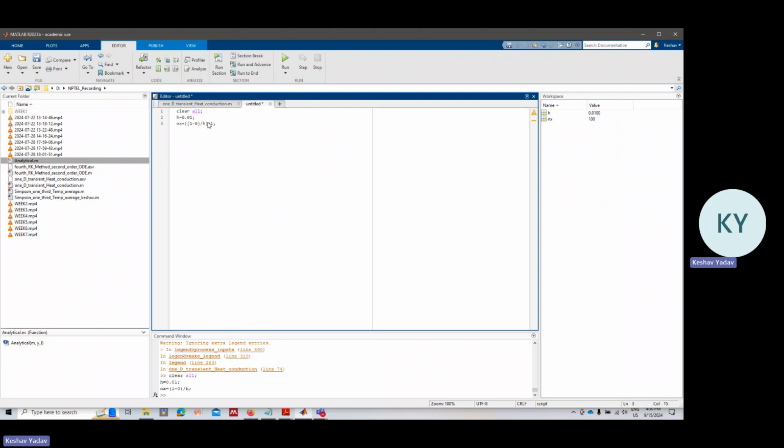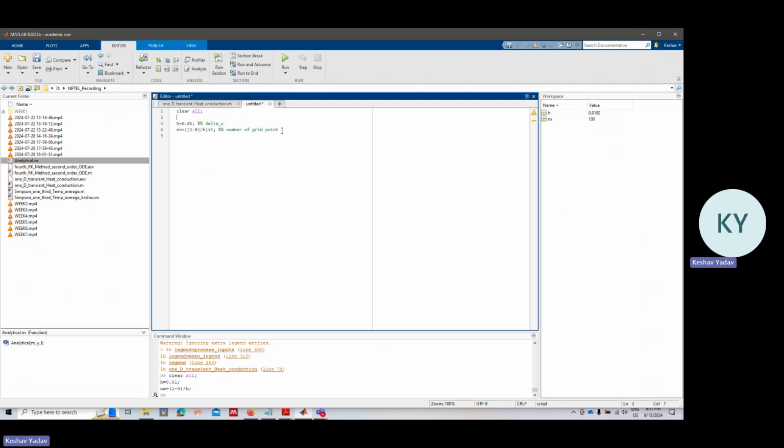If I do +1, then this will be equal to the number of grid points. So total length divided by the step size will give the number of intervals. If I do +1, then it will give the number of grid points. Okay. And this is delta x. Now I have found out the delta x.